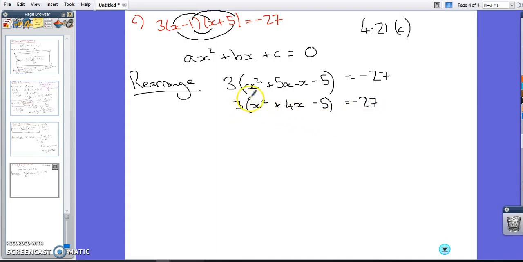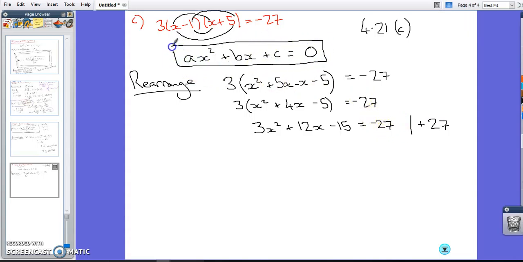And then I need to multiply out with the 3, so I get 3x squared plus 12x minus 15 is -27. And then I need to add 27 so that I get 0 on this side, so that I bring it into this form here.